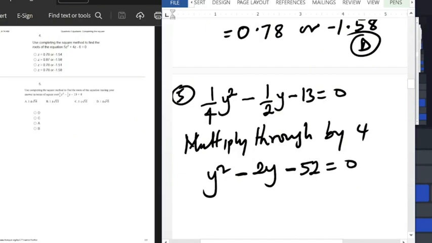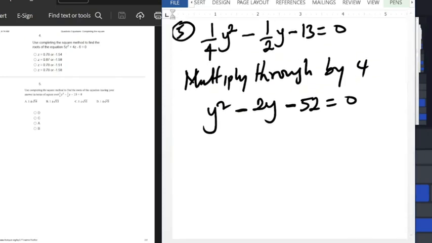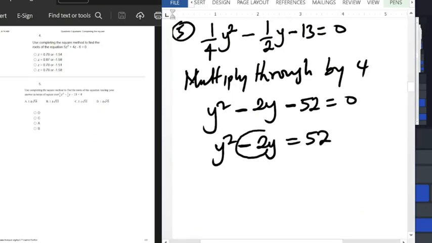So the coefficient of y squared here is 1. What we're going to do next is to take the constant to the other side. That gives us y squared minus 2y equals 52. The next is to find the square of half of the coefficient of y. The coefficient of y here is minus 2. Minus 2 divided by 2 gives us minus 1.